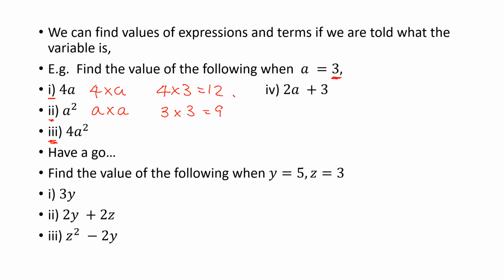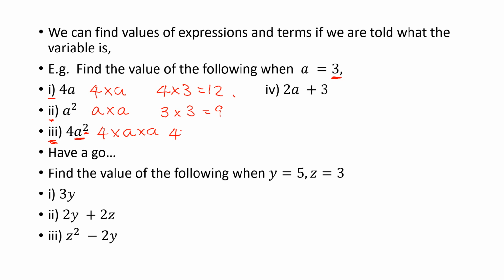This third example is one to watch out for. 4a squared. Now the square sign here only applies to the a. It doesn't apply to the 4. So we have 4 times a squared, which is a times a.